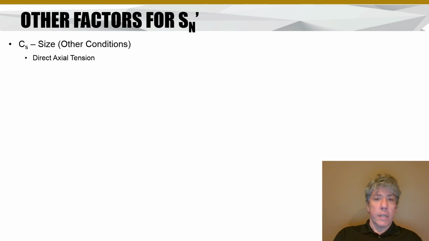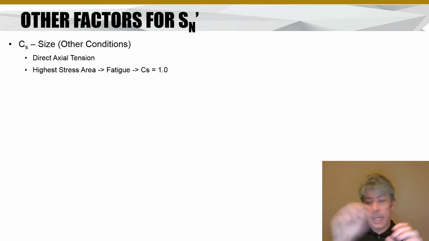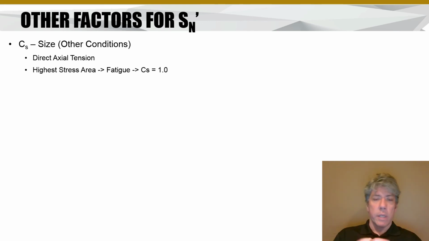And that gradient is what would give rise to a size factor that would derate the endurance strength of the material. But if we have direct axial tension, then the entire cross-section is stressed the same, so any point is equally likely to fatigue, and so the size factor should be 1.